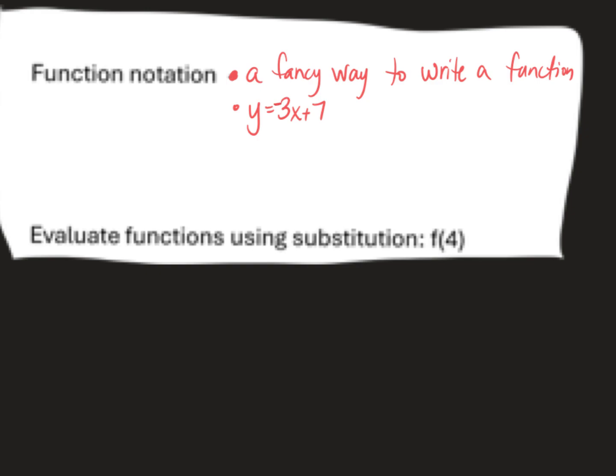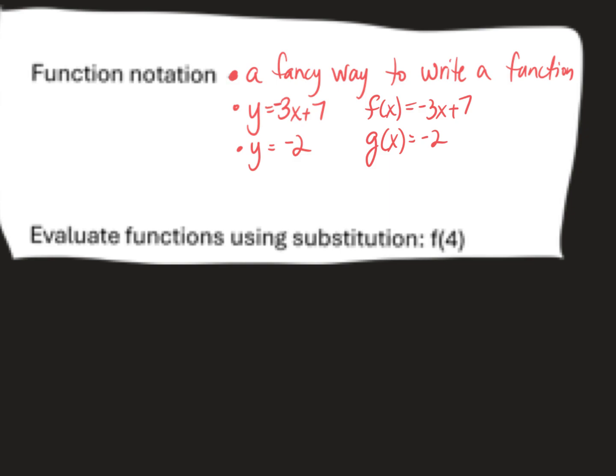The fancy way to write that is f of x equals negative 3x plus 7. And above we had y equals negative 2. The fancy way to write that is g of x equals negative 2. You use different function notation forms. That way you can have multiple different functions listed.